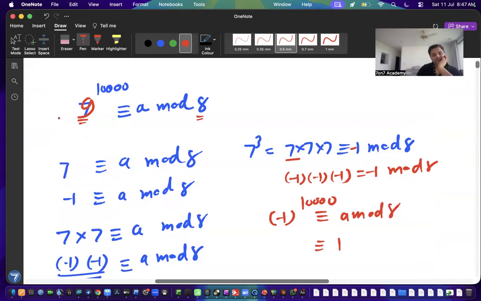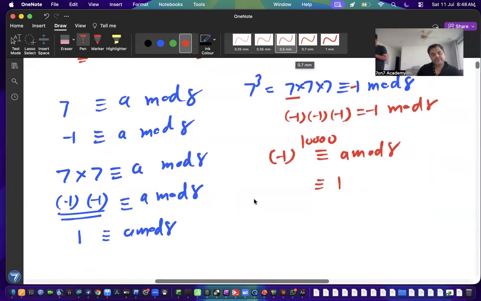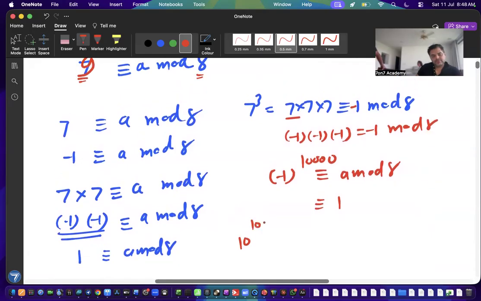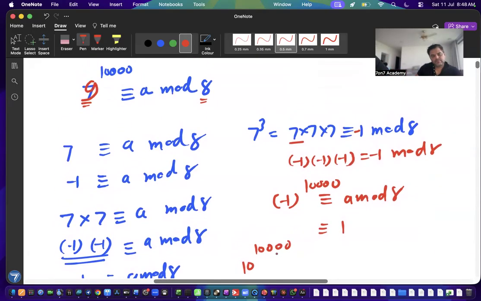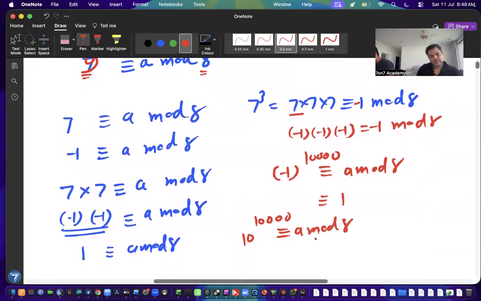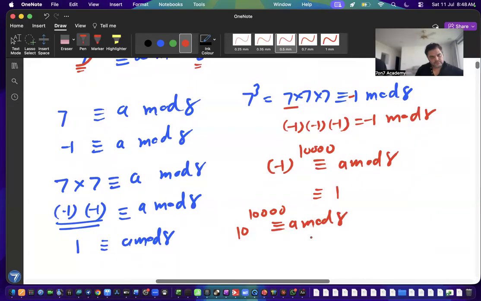And what if this is 10? So if this is 10, then 10 raised to 10,000 will give you what A mod 8? Tell me what it is.